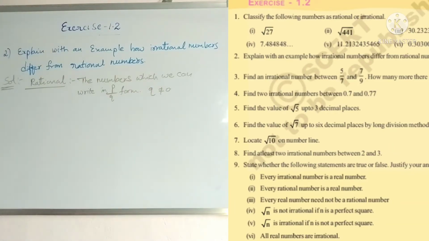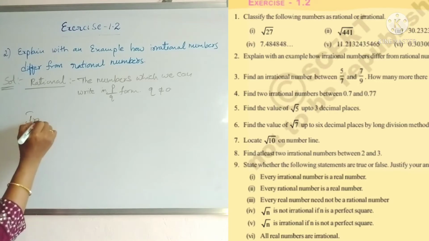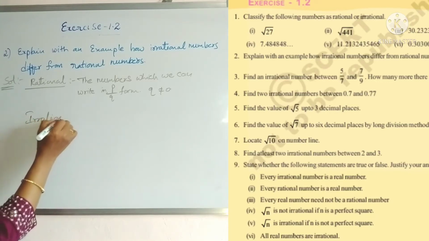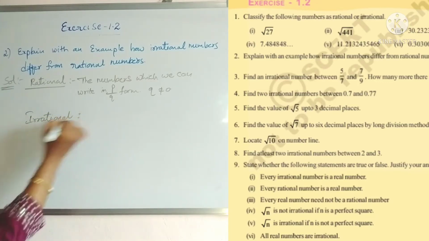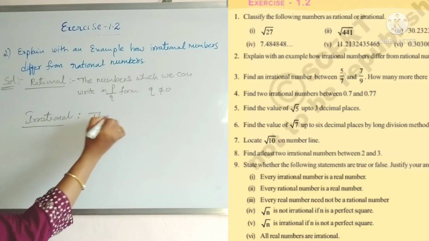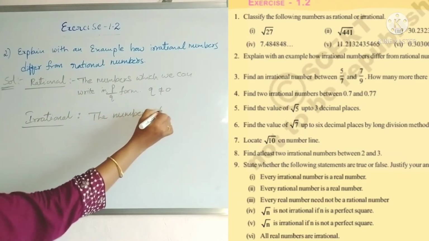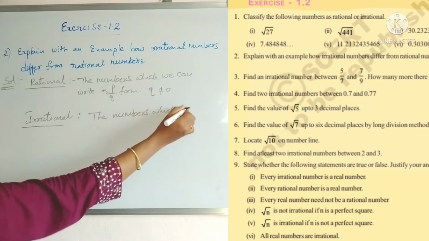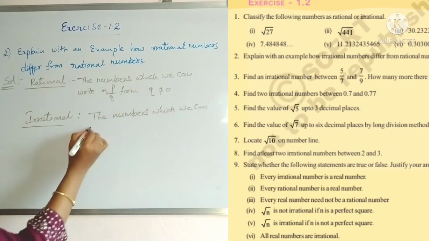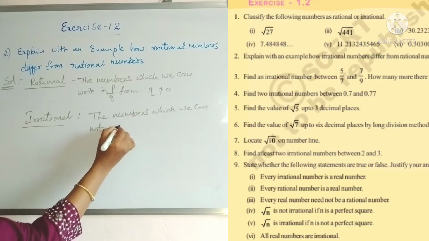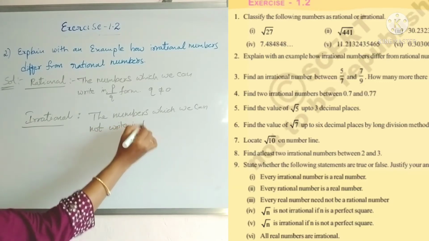Those are called rational numbers. And irrational numbers means the numbers which we cannot write in p by q form.